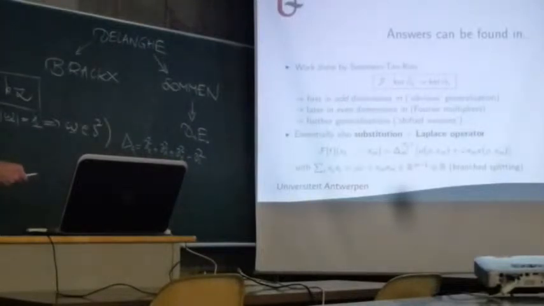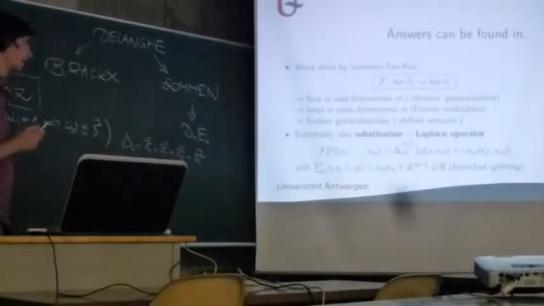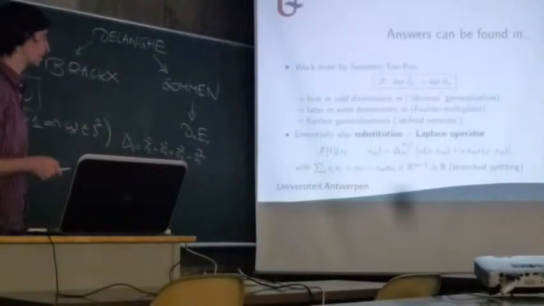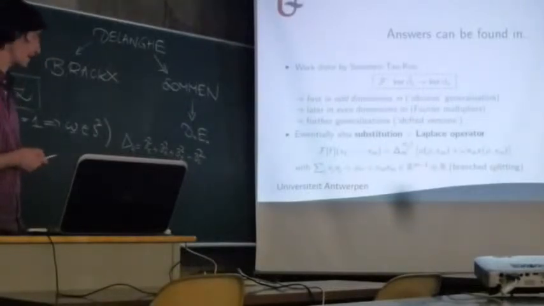So it's not a classical differential operator. This is why even dimensions were only considered later. First it was in odd dimension. And then there's a whole bunch of further generalizations, so-called shifted versions. I will not go into detail here. What I want to do here is to describe what this Fueter substitution actually is.